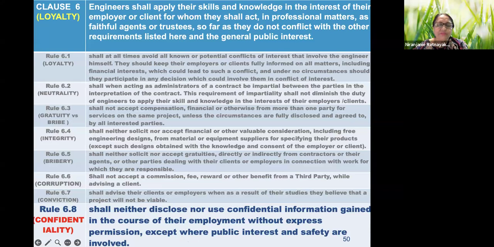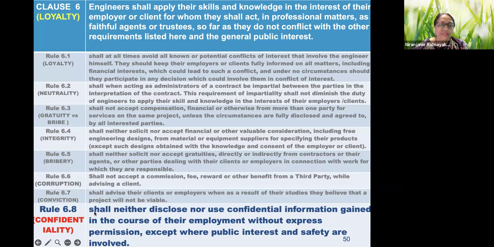So if this is happening, you have to go back to the whistleblowing, right? Your loyalty to the employer should not prevent you from giving out information if it is going to have a detrimental impact on the public or safety, right?